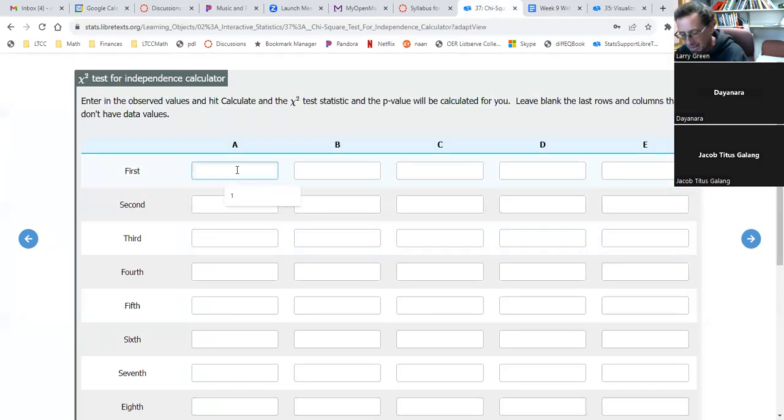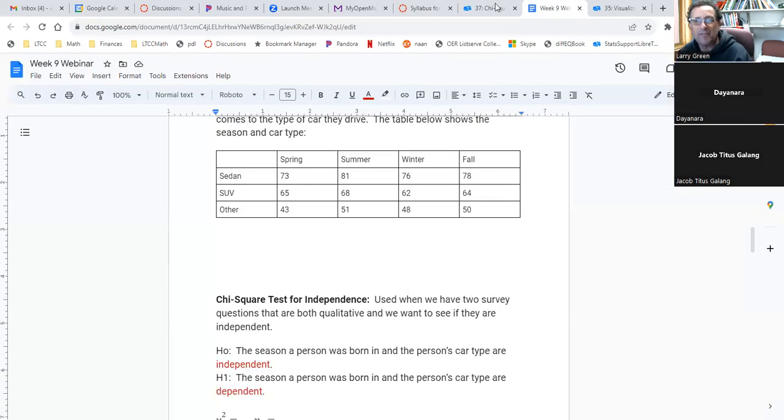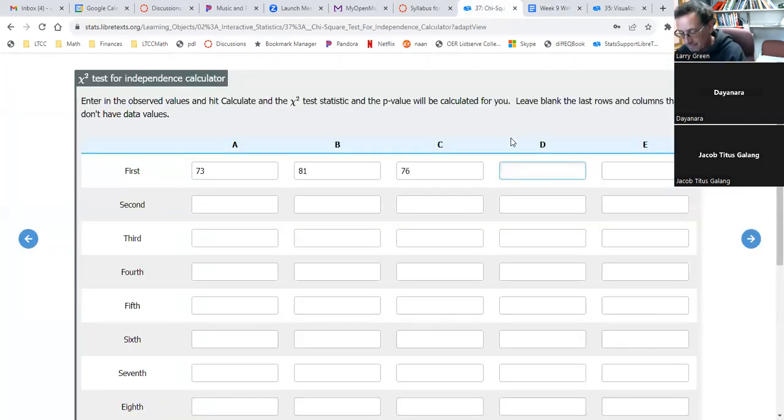So 73, 81, 76, and D will be 78. Leave E blank because it doesn't have values.